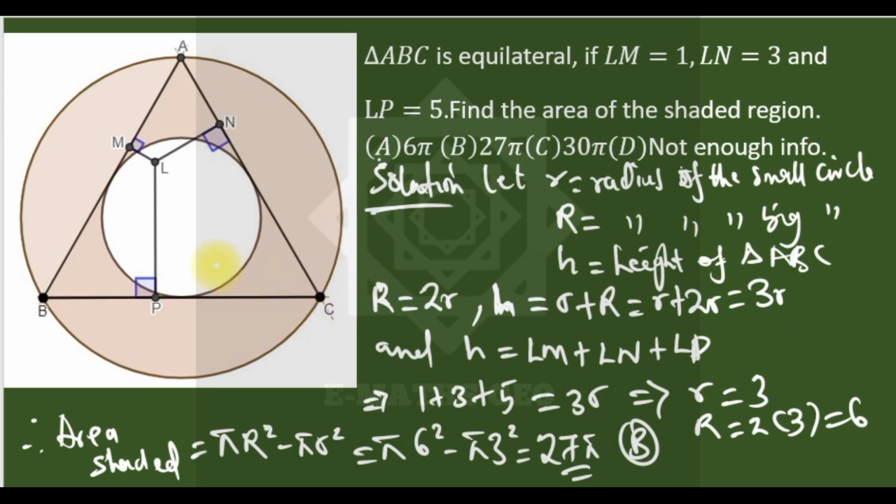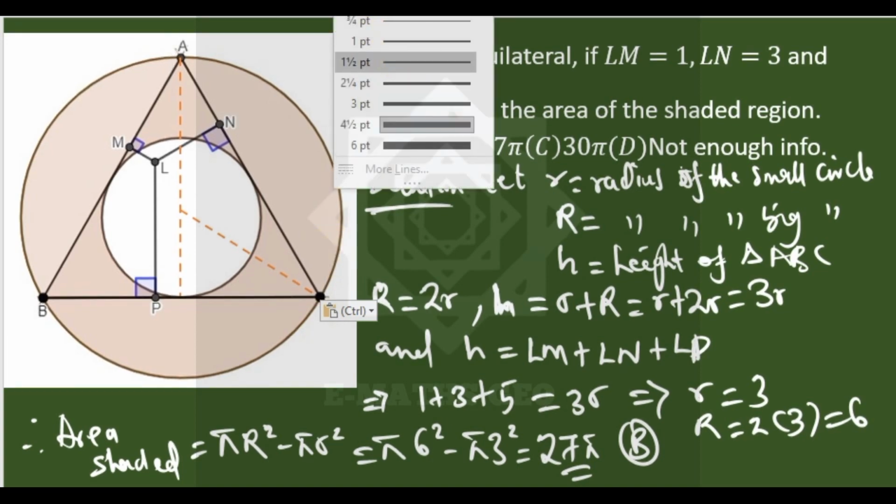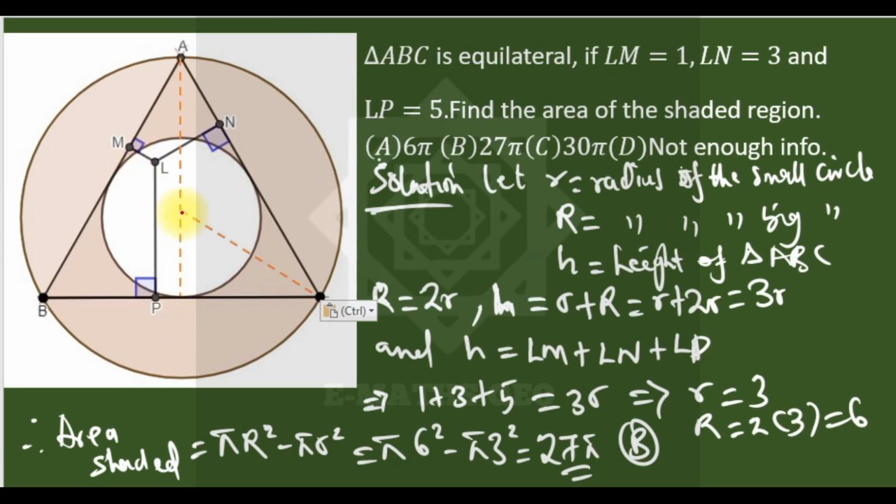I'll use 2 diagrams in solving this. Let me use this one first. So if we add some auxiliary lines, and you take this as the center of this circle, let's call it O. So you can see that AO is big R, that's the radius of this big circle.